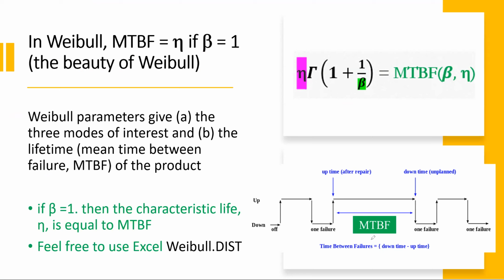Your warranty has to be smaller than this, or your mean time between failure has to be greater than your warranty. So current design, hopefully 2-3 years minimum, right? And ideally, you want 10 years. In the old days, actually, CMOS or microprocessors can really last 10 years. But nowadays, you know how it goes. And with poor parts everywhere, mean time between failure is like a couple of years only. Okay. So these values are very important.